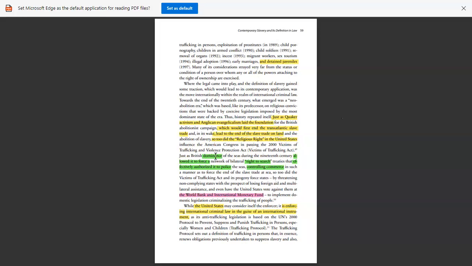So a government's dominance, a person's dominance, allowed it to force a right to search, effectively authorizing it to police and control commerce. This is an area that they were basically dealing with, and the people got tired of it, and this was part of the 2000 Victims of Trafficking and Violence Protection Act.